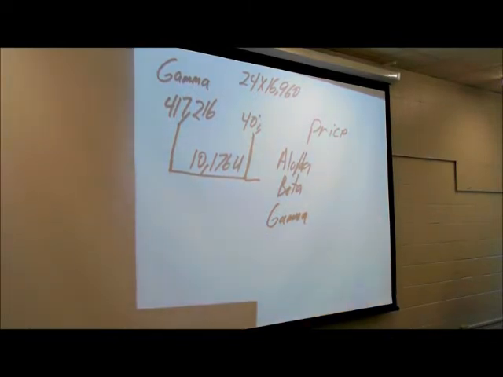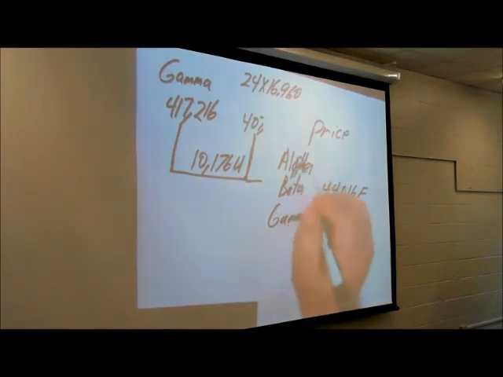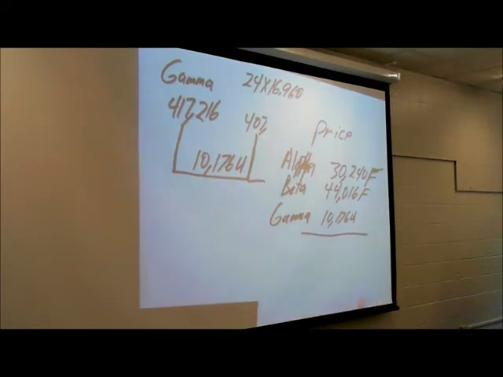On gamma it was 10,176 unfavorable. Beta was what? 44,016 favorable. And alpha was 30,240 favorable.